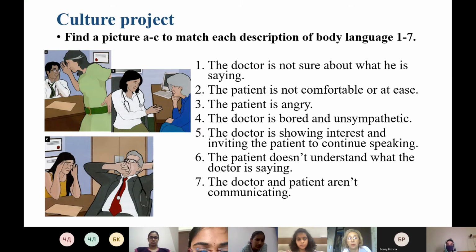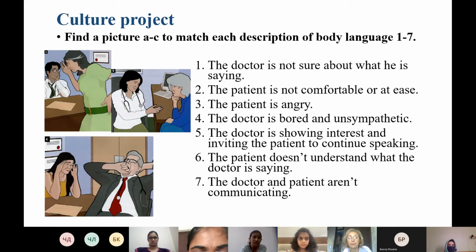Which picture shows the angry patient? A, B, C, which one? Picture A, yes. So the patient is angry. She's waving her hands, and so shows her emotion.